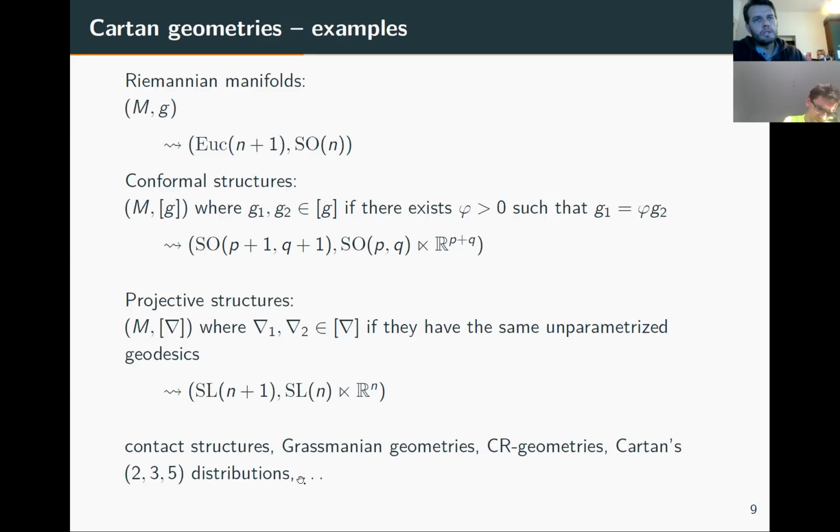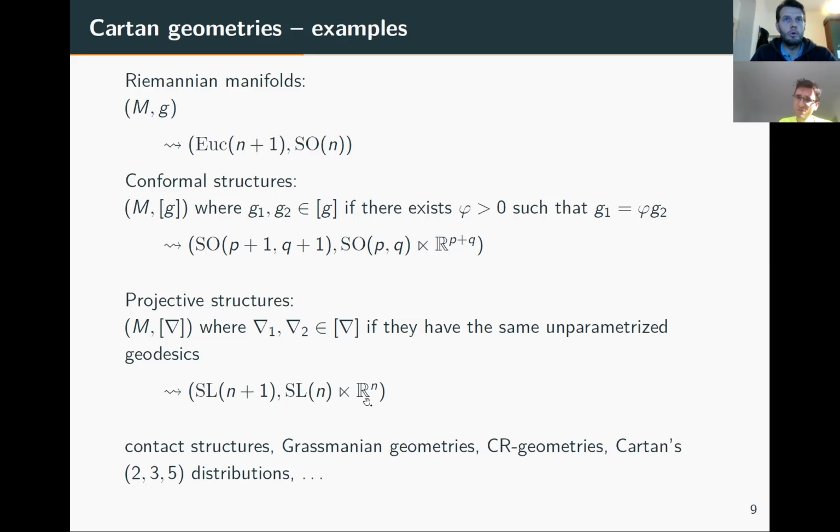Then there are many more examples like Grassmannian geometries, CR geometries, these famous Cartan 2-3-5 distributions, contact structures, and so on. All these examples, except for the first one, fall into the class of so-called parabolic geometries, which are Cartan geometries modeled on a pair of a semi-simple Lie group, such as SO, SL, or their products, and a so-called parabolic subgroup, which is always a semi-direct product of a semi-simple group and a generally nilpotent subgroup.